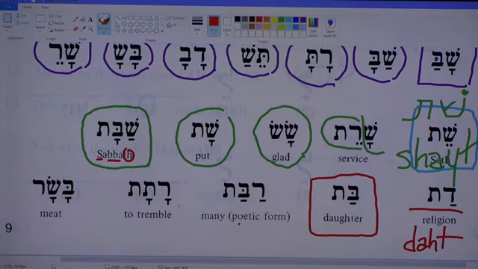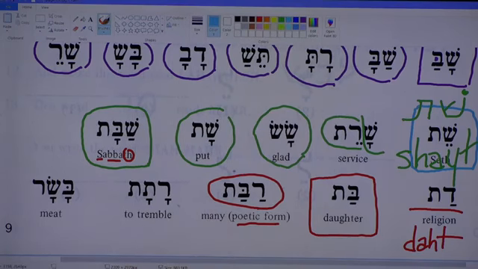I don't remember why it says poetic form for many, but this is pronounced very much like Shabbat. It's Ra-Bot. It means many or lots of. We saw that Rav meant many.